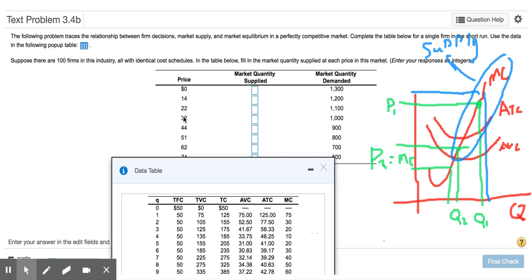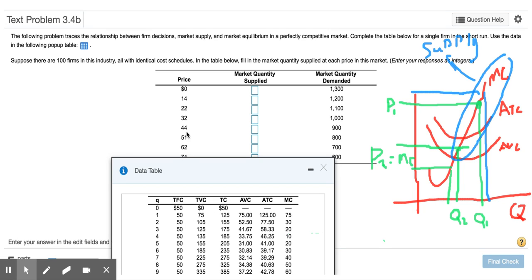So when the price is zero, we don't have quantity here, so if we don't have marginal cost, we can start with this quantity. When the price is equal to 14, the price is still below the marginal cost.